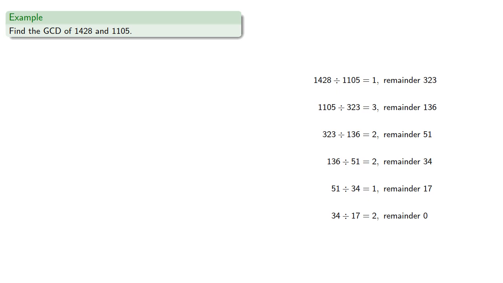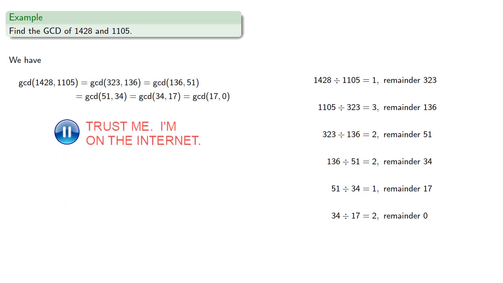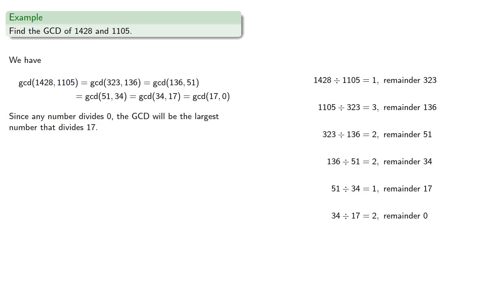So our theorem says that the greatest common divisor of the original numbers is going to be the greatest common divisor of 17 and 0, and since any number divides 0, the greatest common divisor will be the largest number that also divides 17, which is going to be 17, and so our greatest common divisor is 17.